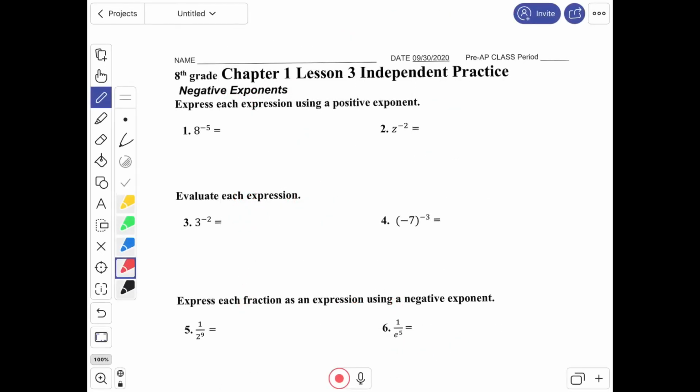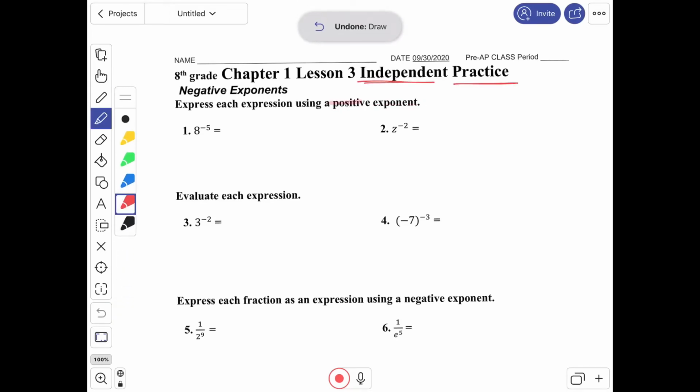Let's look at the worksheet that you're supposed to do independently, your independent practice. Number 1 and number 2, you're supposed to be writing as positive exponents.